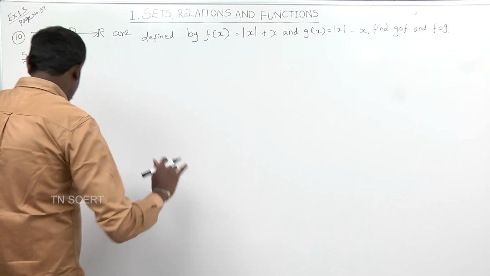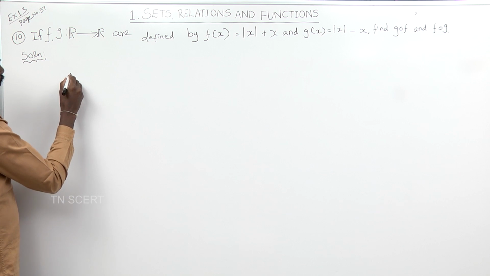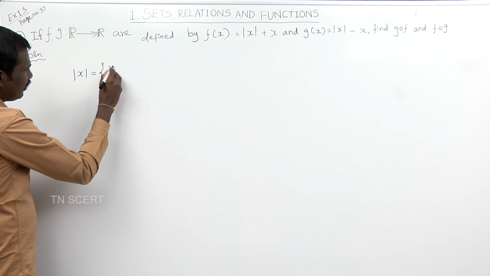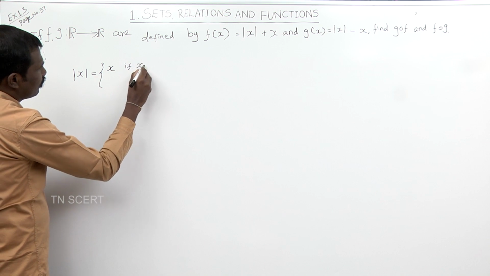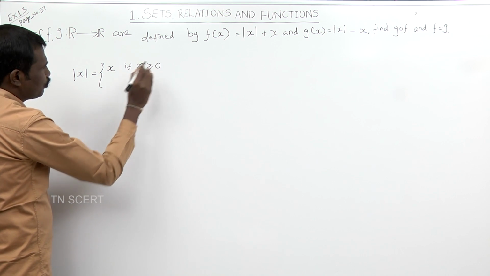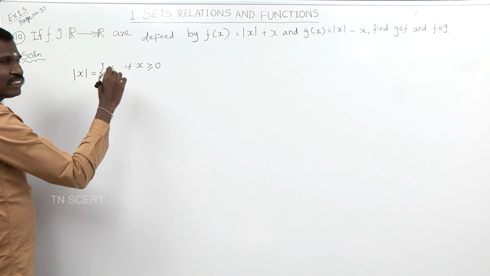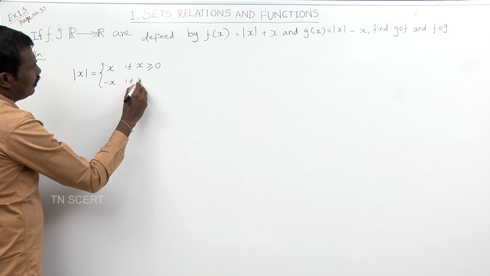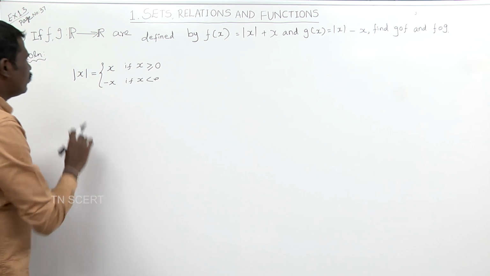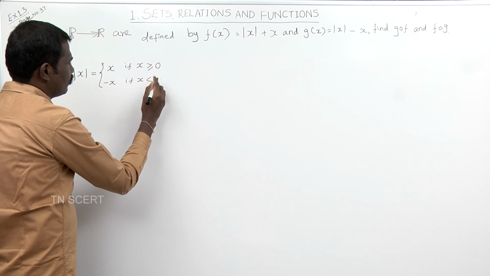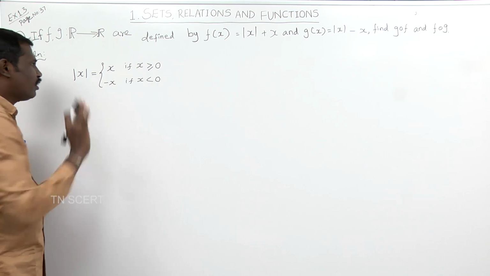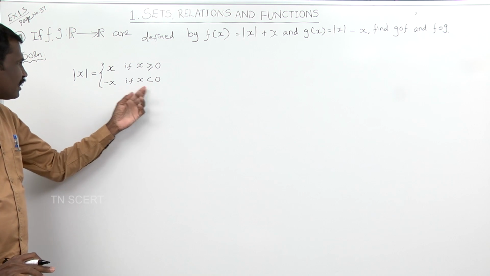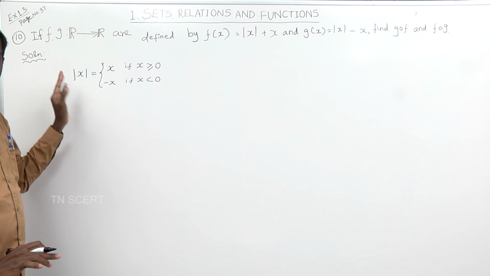By the definition, modulus of x is equal to x if x is non-negative, that is x is positive, also x equal to 0, and minus x if x is negative. So, this is the definition of modulus function. When x is non-negative, the value of modulus x is as it is x. Whenever x is negative, the modulus of x is minus x.